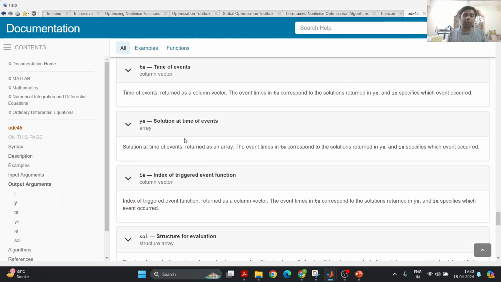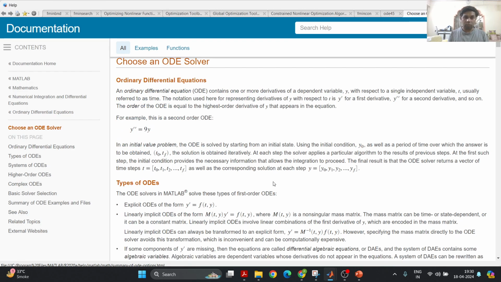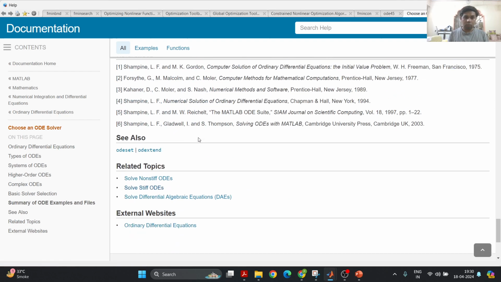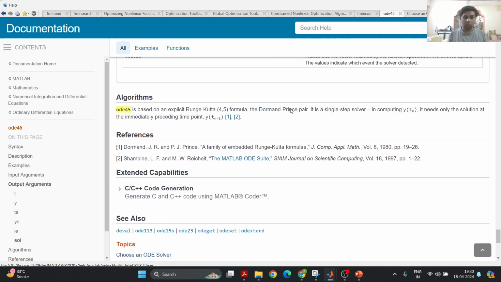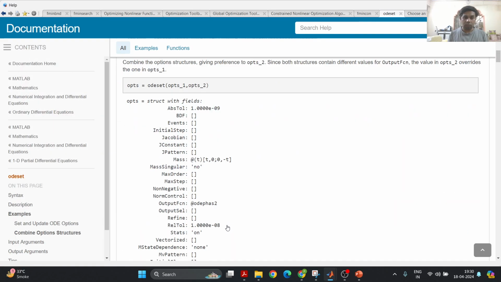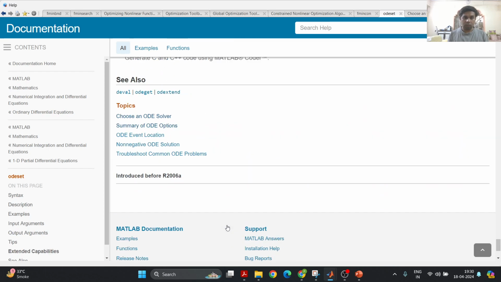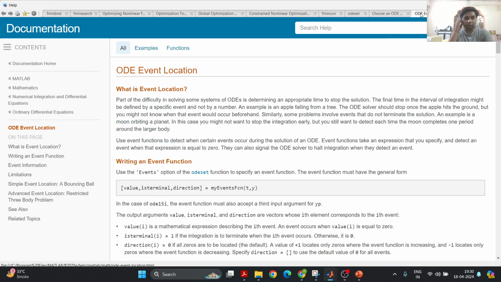So in these options that we pass to the solver, there is this documentation page on ODE event location.